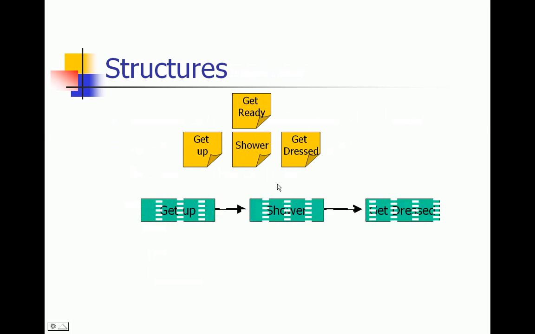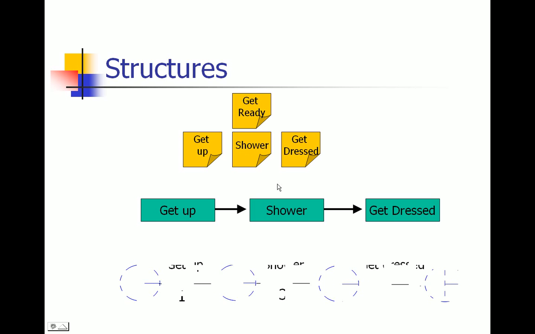So we're going to look at how we represent a network diagram. So think about here from a work-based structure point of view in the yellow little post-it notes. This is getting up and getting going in the morning, get ready, get up, shower, get dressed. A process map looks like the one beneath. So we've got the processes written inside the boxes with arrows between them.